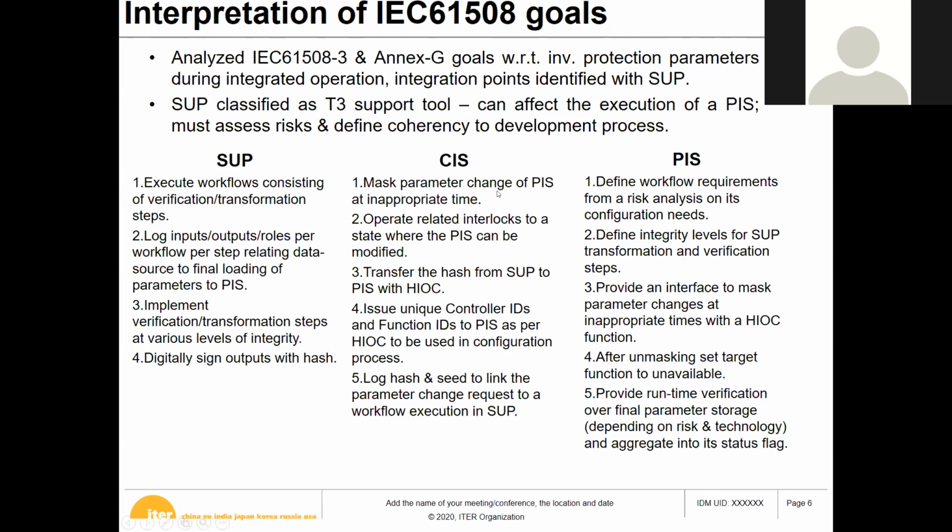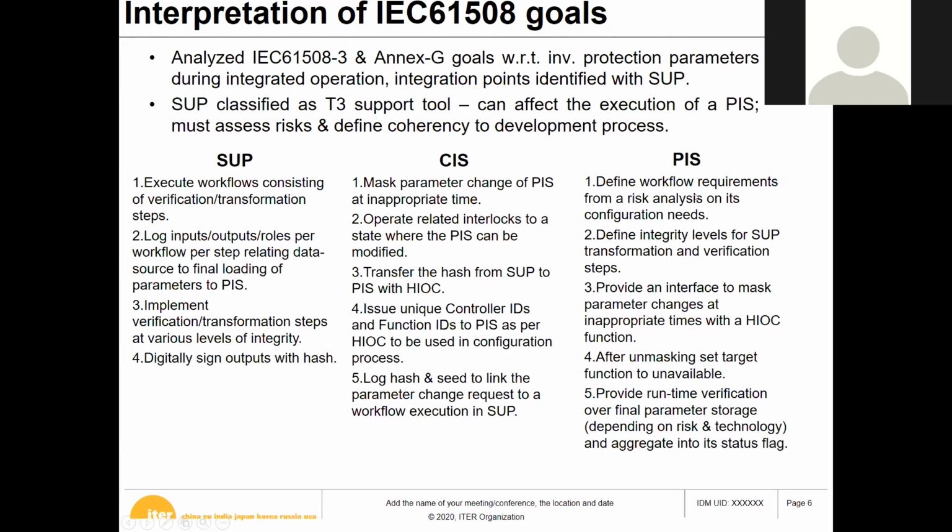The CIS will mask parameter changes of a plant at inappropriate times, operate related interlocks to a state where the plant can be modified, transfer the hash from SOUP to the PIS via HIOC, which is secure, issue the necessary administrative information to manage HIOC, and it will log the hash and seed to link the parameter change request to a particular workflow execution in SOUP. So we will be able to ensure complete traceability from the final loading of the parameters to the data sources.